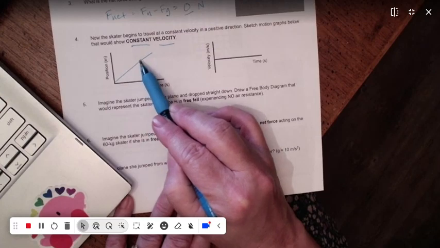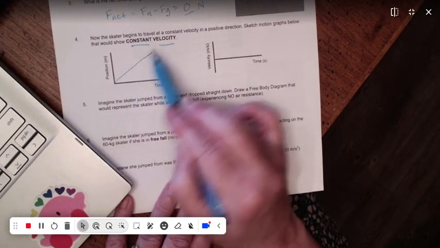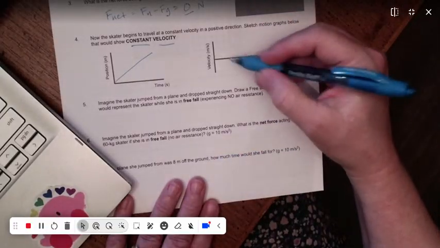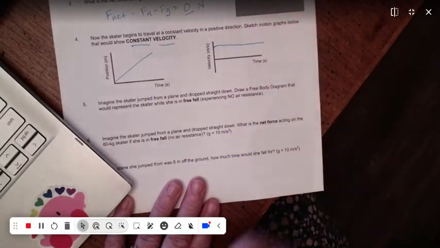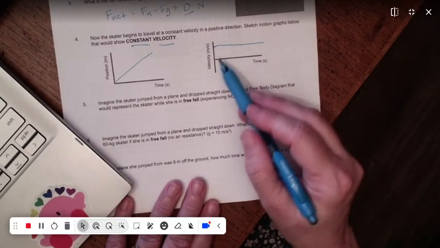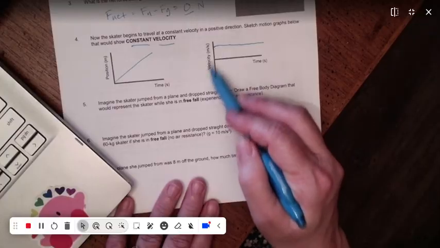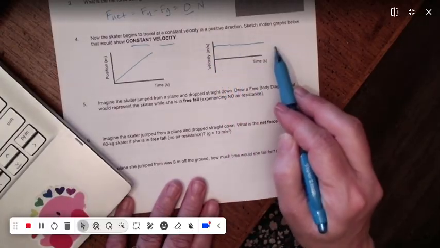This gives me a constant value at every point. If I graphed that number as velocity versus time, it would just be a flat line along whatever that value is, because it's a constant velocity. Velocity is on the y-axis, and velocity is not changing.